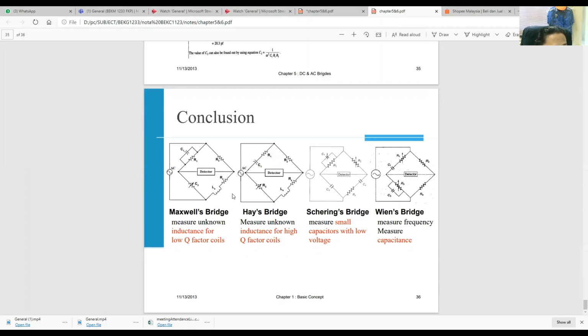For every bridge you have to remember the formula.